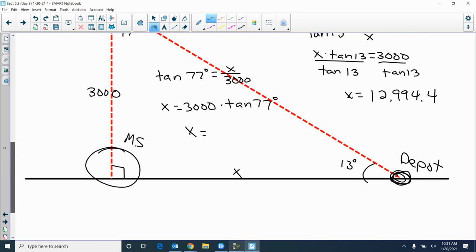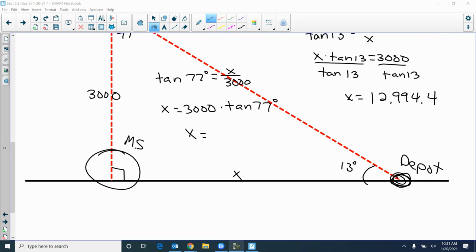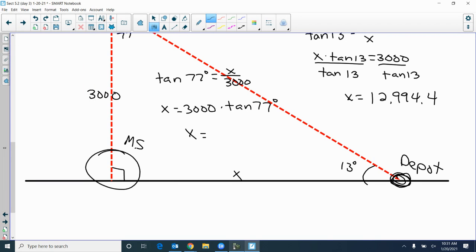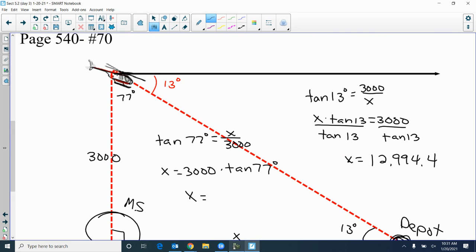Hold on. 3,000 times tangent of 77. Get the same thing. So it doesn't matter which way you set it up. All right, so that's using the angle of depression.